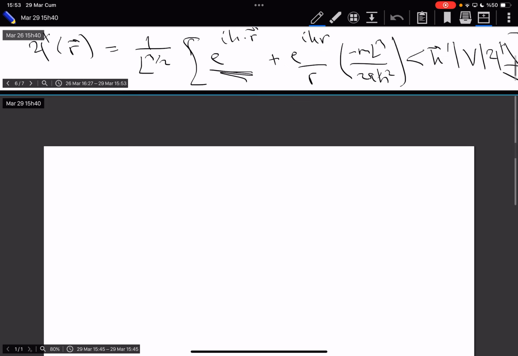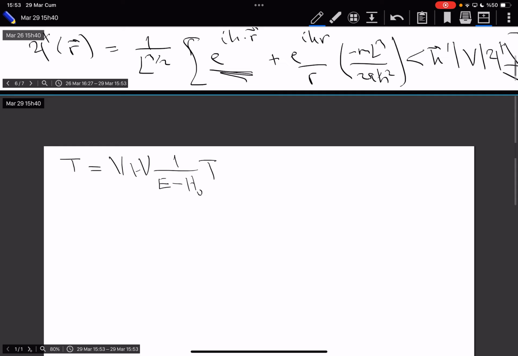Or another way of looking at the same thing, in fact, remember, we had seen that the T matrix was given by V plus V 1 over E minus H0 times T. So this was the T matrix.